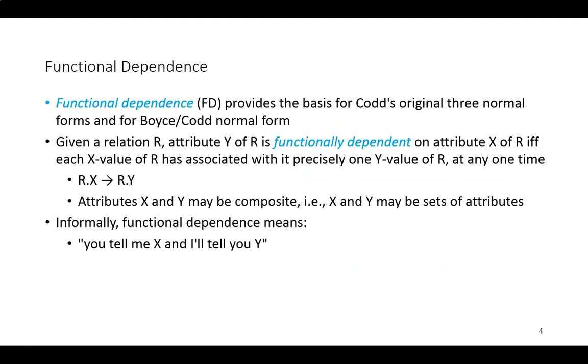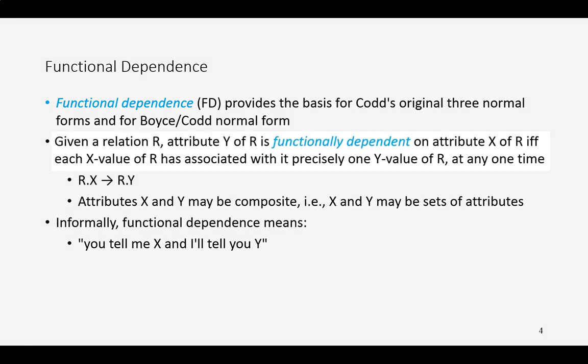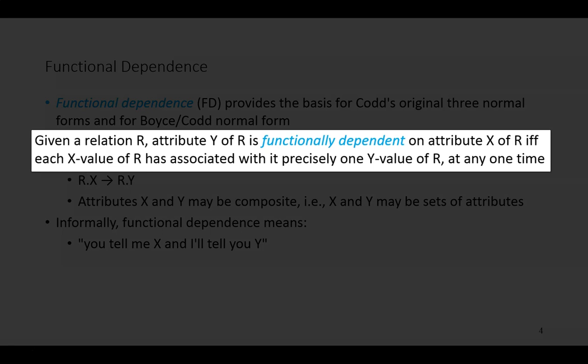In our earlier video, we introduced the concept of functional dependence. At that time, we noted that functional dependence was the basis for Codd's first normal form, second normal form, and third normal form. Assuming the existence of a relation R, some attribute y of R is said to be functionally dependent on another attribute x, also of R, if and only if each value of x has associated with it precisely one value of y at any point in time.